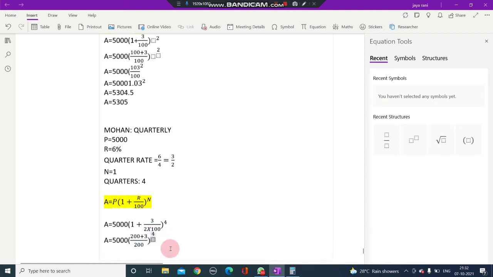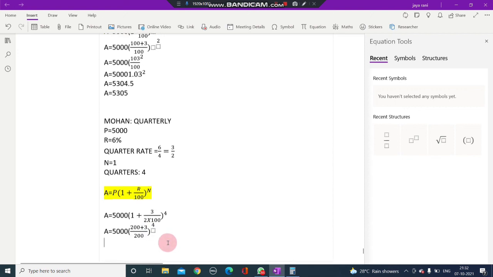Now we are going to calculate this. Then what is 203 by 200? A is equal to 5000 into 200 plus 3, that is 203 by 200.